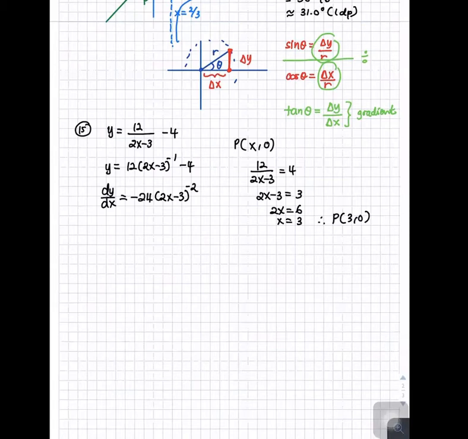Okay, now I want the tangent to the curve at P. So, I already got my gradient. And this is exactly m tangent.